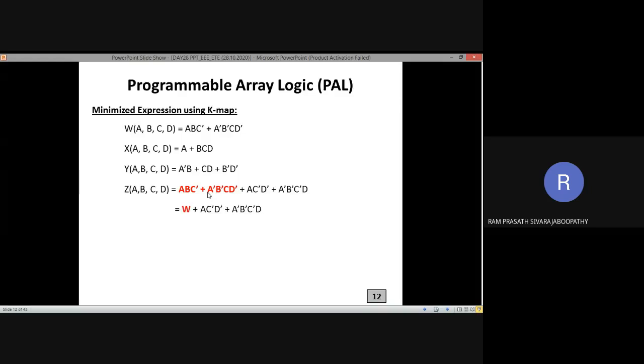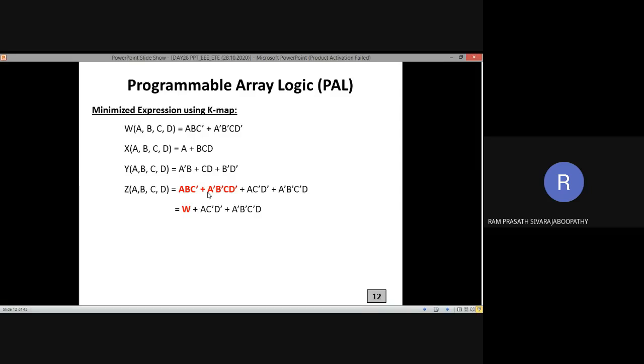Now observe what is the maximum number of product terms present in each output function. Compare all the output functions and tell me the maximum number of AND terms. The first one has only 2, the second one 2, the third one has 3, the fourth one has 3.